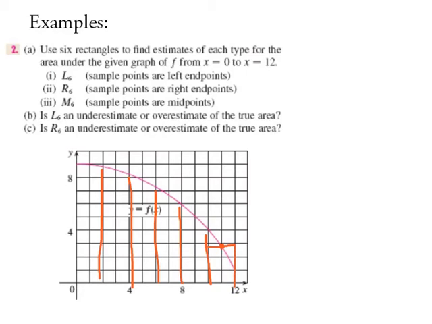Between 8 and 10 is 9, so I'm going to go to 9 on the curve. Between 6 and 8 is 7, so I'm going to be on the curve at 7, and so on. This is how you draw a midpoint Riemann sum, and again, I will leave the rest of this to you as far as what the heights are and what the base is.